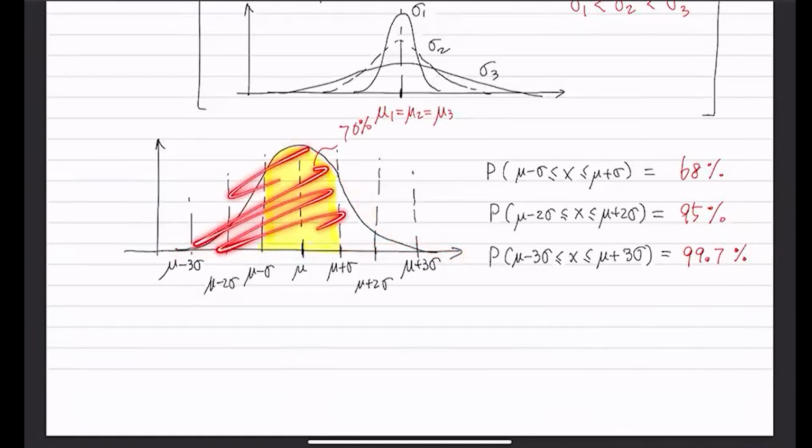This whole area is 100, let's say. Then this area is 70, okay? If you're a visual learner, maybe you can think like that too. Or the meaning is, if you have measured 1,000 resistors, same resistor, say 1K resistors, but they're not exactly 1K, right?